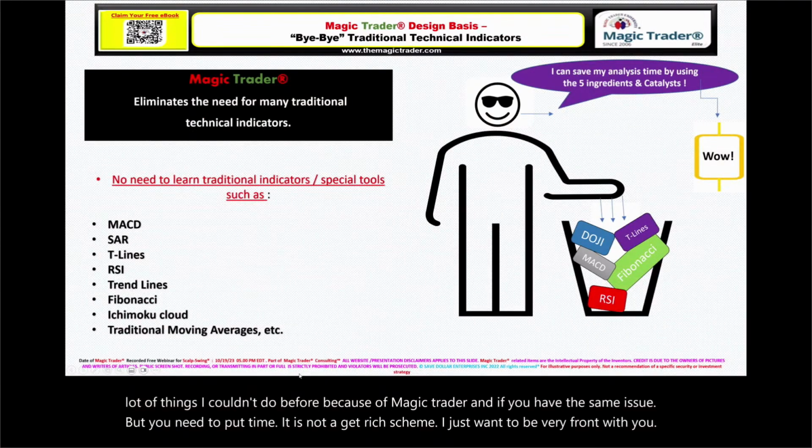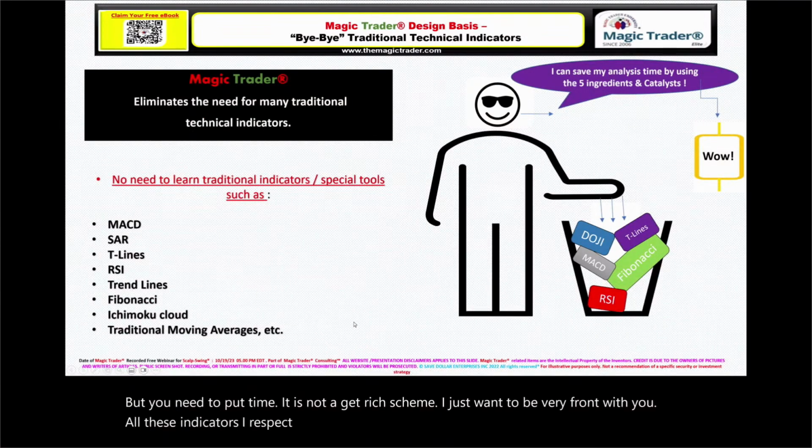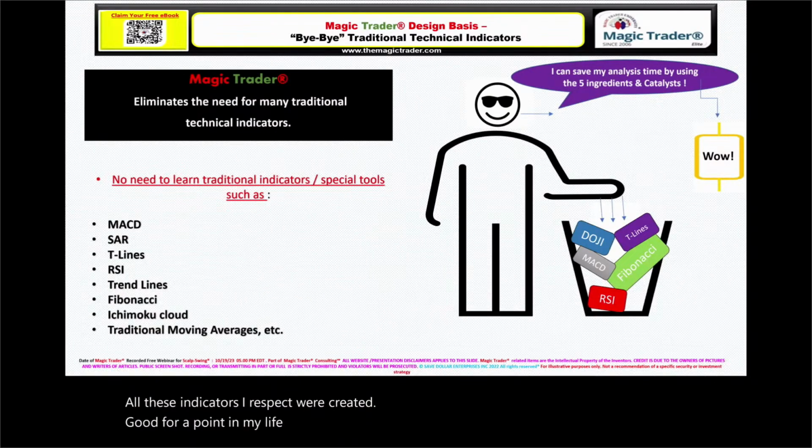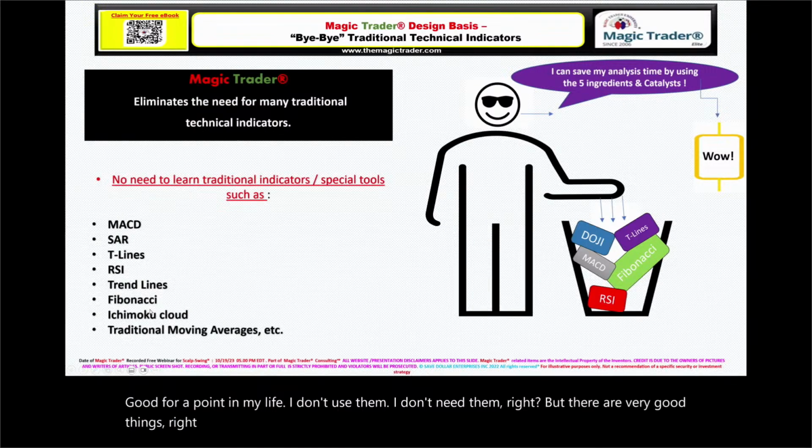All these indicators, I respect who created them. They were good for a point in my life, but I don't use them, I don't need them. But there are very good things. We have something called Magic Zone Lines, which is dynamically adjusting.